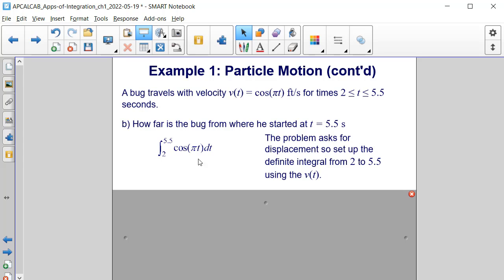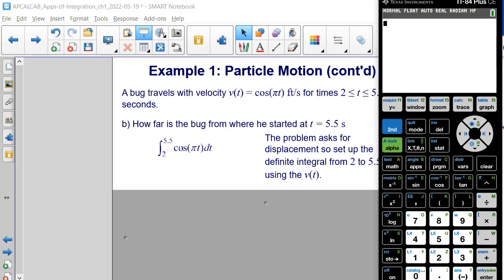And now that we know what we're integrating, we can evaluate this in our calculator. So we have the integral from 2 to 5.5 of the cosine of pi times the variable, and whatever variable you use in your integrand, you're going to integrate with respect to that variable.